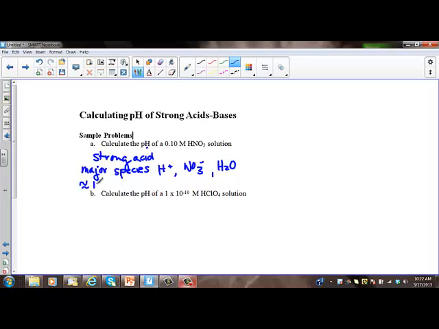Because we have basically 100% ionization, really the water can be neglected, because even though it auto-ionizes, it will be minimal compared to what's going on with the HNO3.